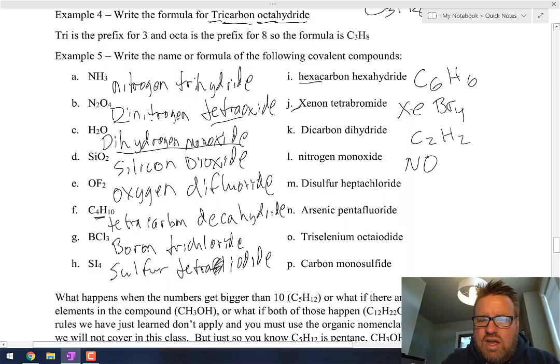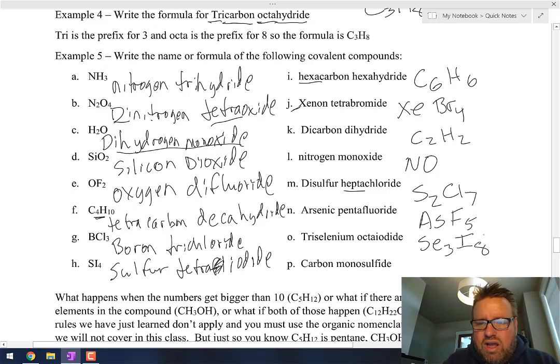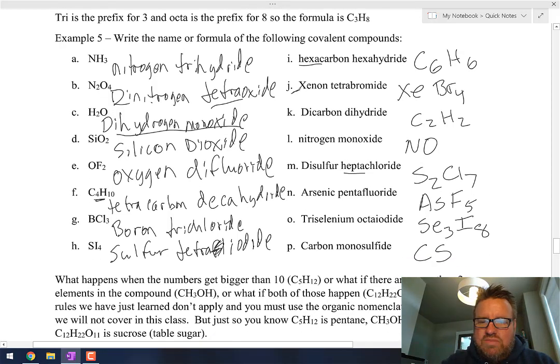Nitrogen monoxide is just NO. Disulfur would be S2. Cl7, right? Hepta meaning 7. Arsenic pentafluoride would be AsF5. Triselenium would be Se3. Octa, 8. And then carbon monosulfide would be CS.